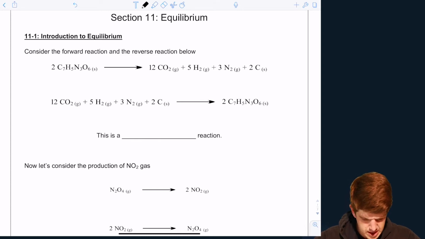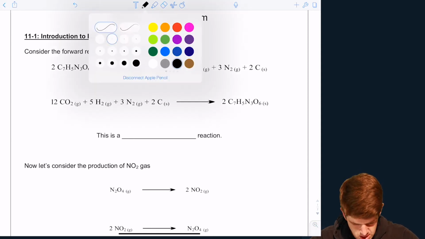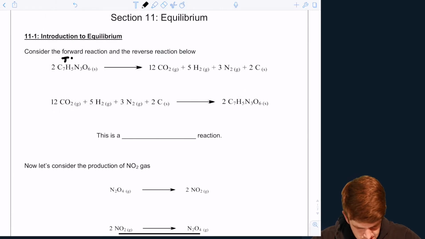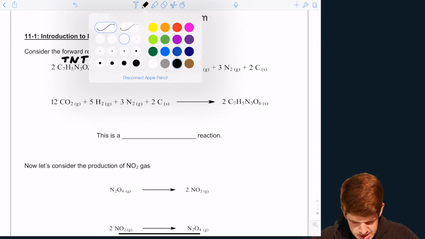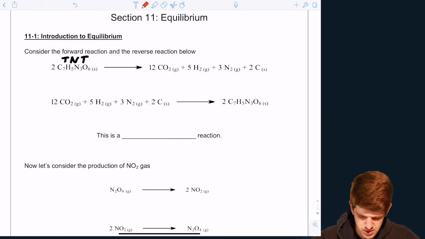So here we have the introduction. The first reaction we're going to consider is the explosion of TNT. When TNT explodes, it turns into 12 carbon dioxides, 5 hydrogen gas, 3 nitrogen gas, and 2 equivalents of solid carbon.